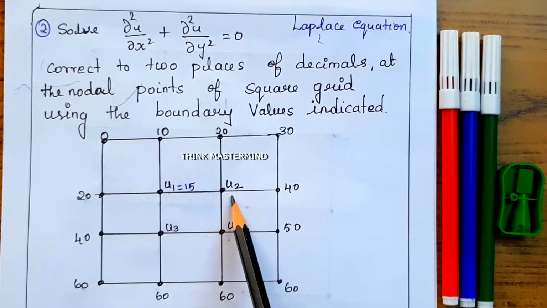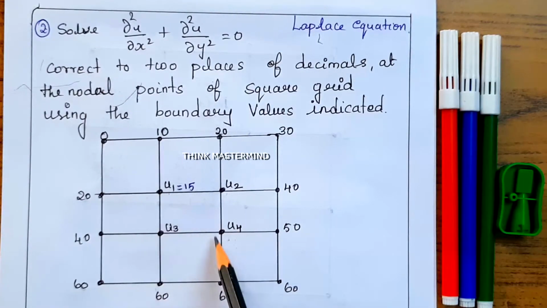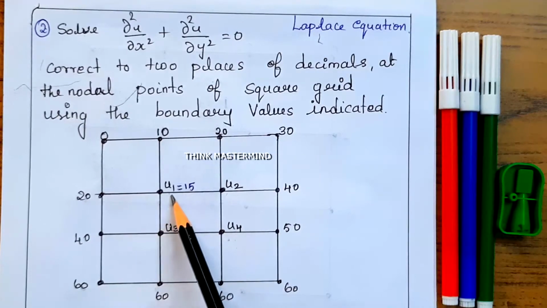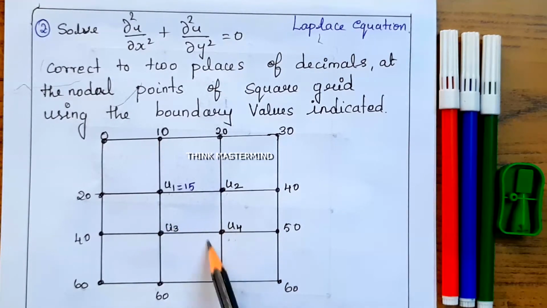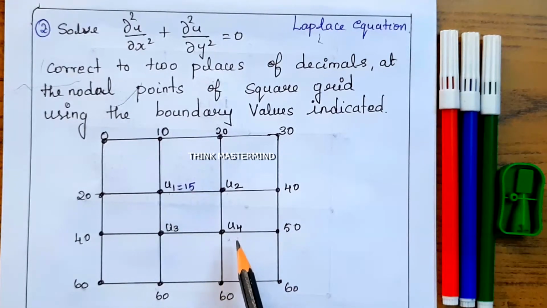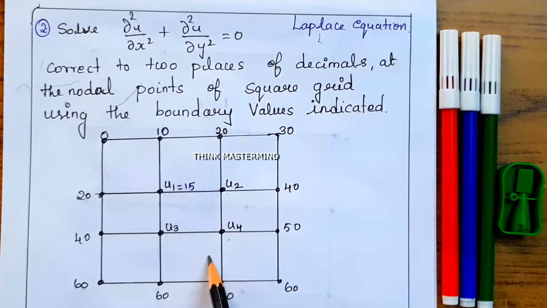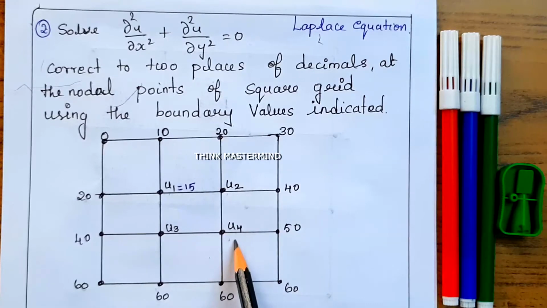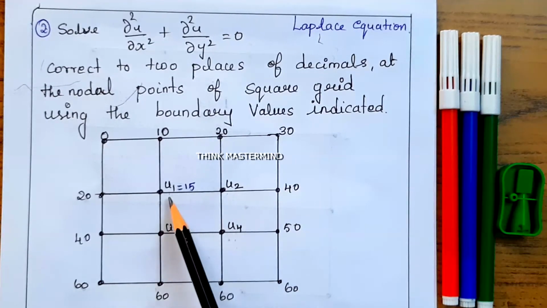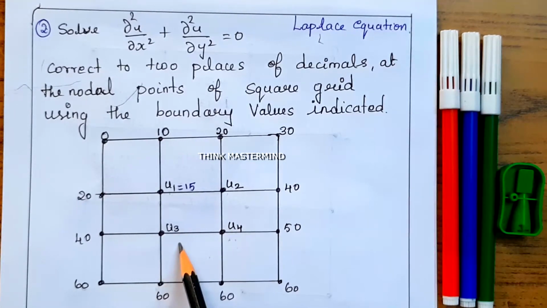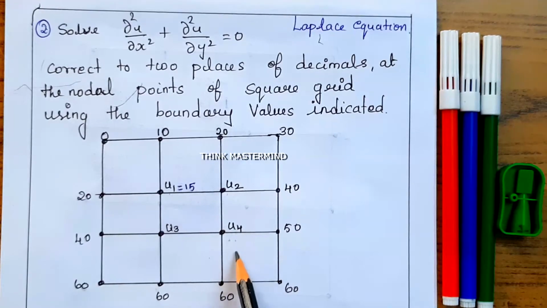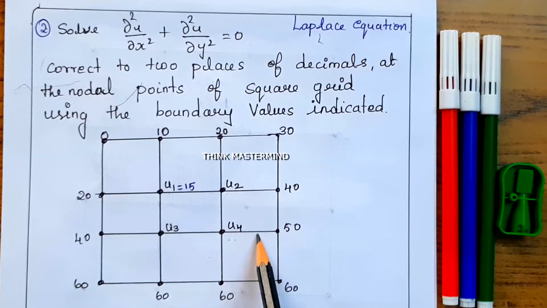Suppose I am using the diagonal 5-point formula to find any one of the values. u1 is equal to u4, but u4 is unknown. So in this case, I have to consider that one of the values is 0, that is, either u4 is 0, or u2 is 0, or u1 is 0, or u3 is 0. Suppose here I am considering u4 equal to 0.